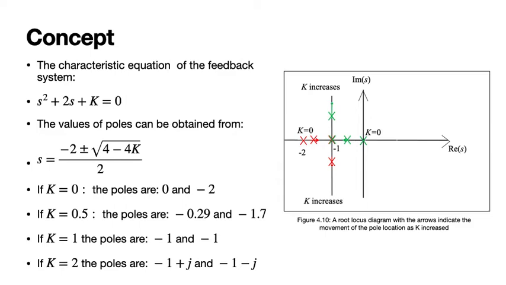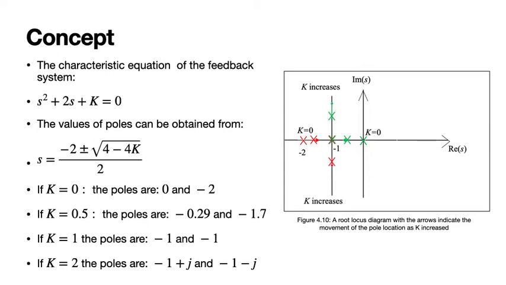Now let us look at what happens to the poles if we vary k from 0 to a bigger value. We're not going to look at infinity; in this example we look at what happens to the poles when we vary k from 0 to, let's say, 2. For the beginning, if k equals 0, s equals minus 2 plus or minus the square root of 4, over 2.